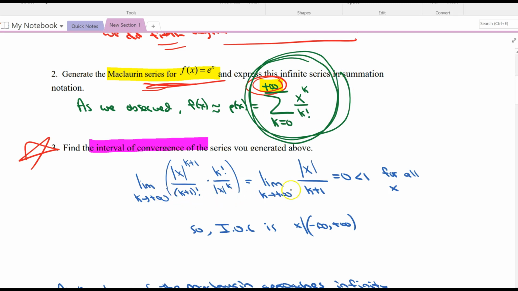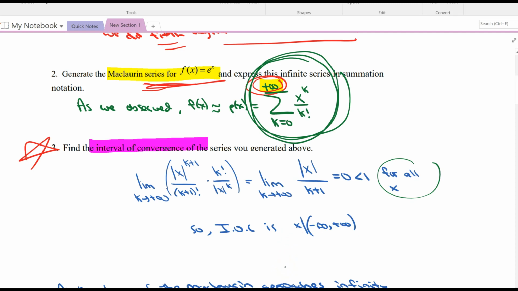If you follow my blue here, what I did was use the ratio test for absolute convergence, just as I showed you in class. I'm very picky about all the notation here. When you do this out, you'll find that this limit of the k plus first over the kth term approaches 0, which is always less than 1 for all x. So the interval of convergence is negative infinity to positive infinity.